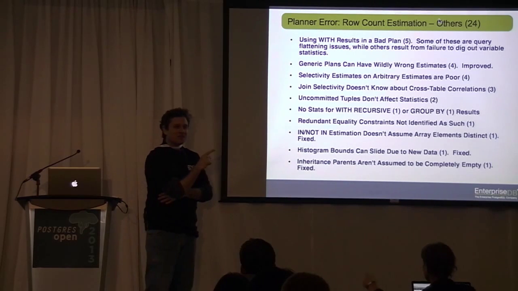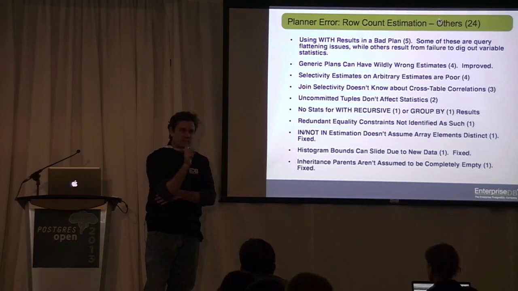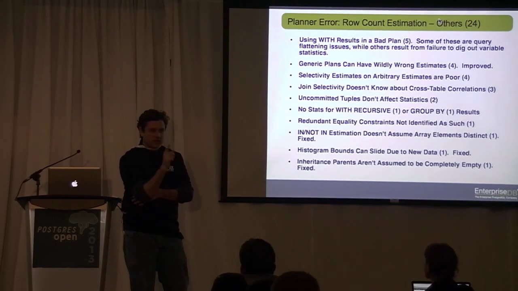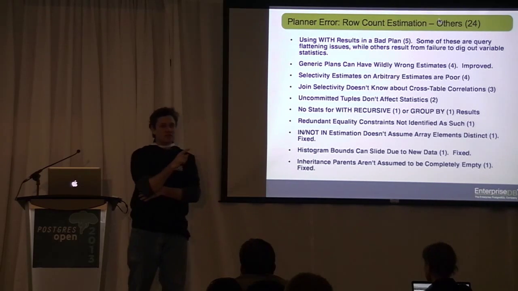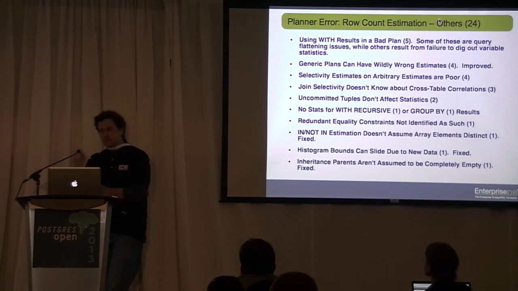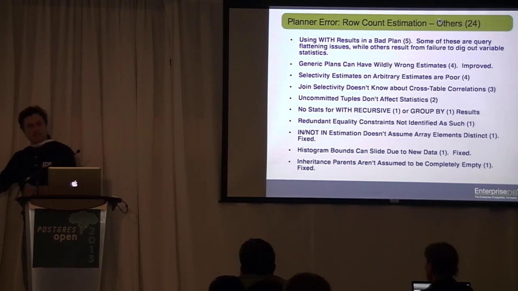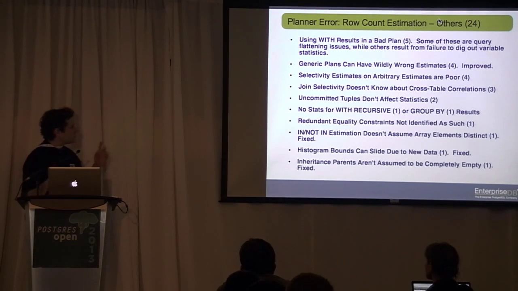When you join and you put constraints on the join criteria from both sides, if there are equality constraints on both sides of the join, it actually will recognize that. If there are inequality constraints, it won't. Like if you say a.x equals b.x, and a.x is less than 1, and b.x is less than 1, it won't recognize that those are redundant.